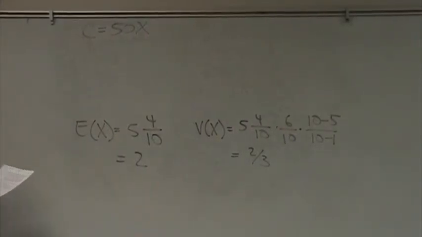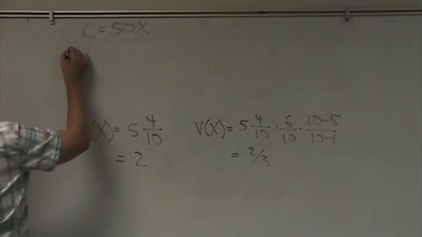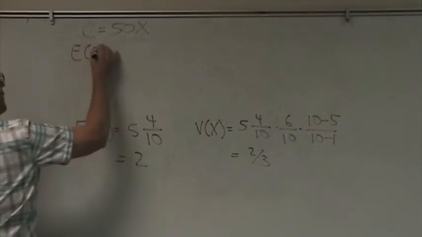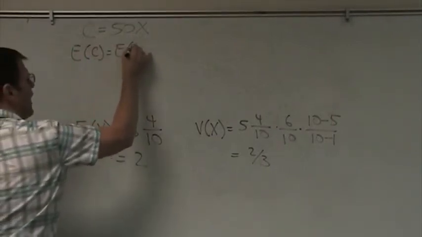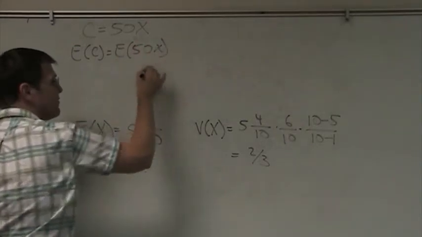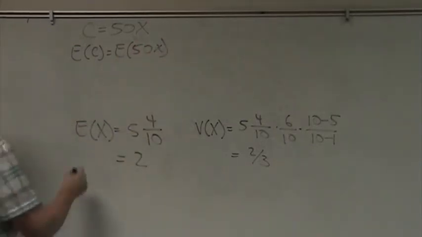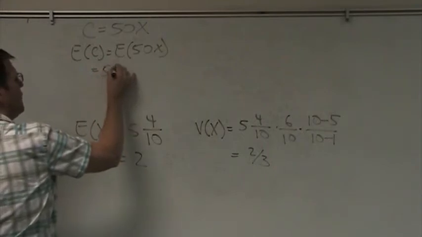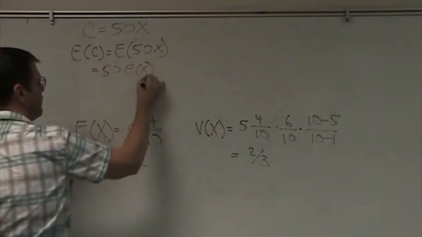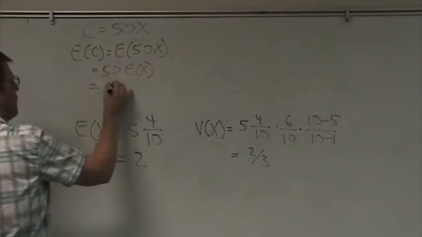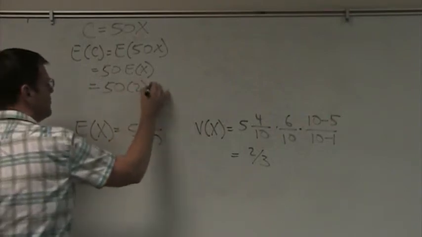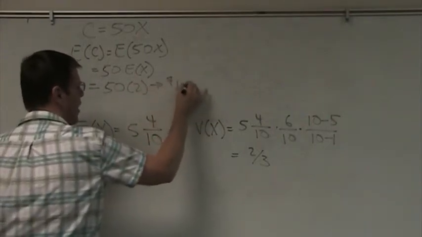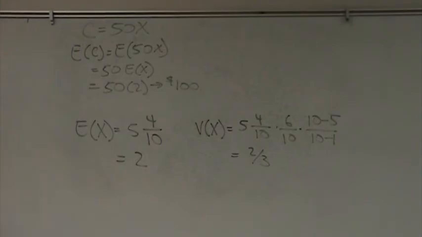And we want the mean and the variance of that cost function. So for the expected value of C, that's the expected value of 50x, which is equal to 50 times the expected value of x, which is 50 times 2. So our result here is $100.